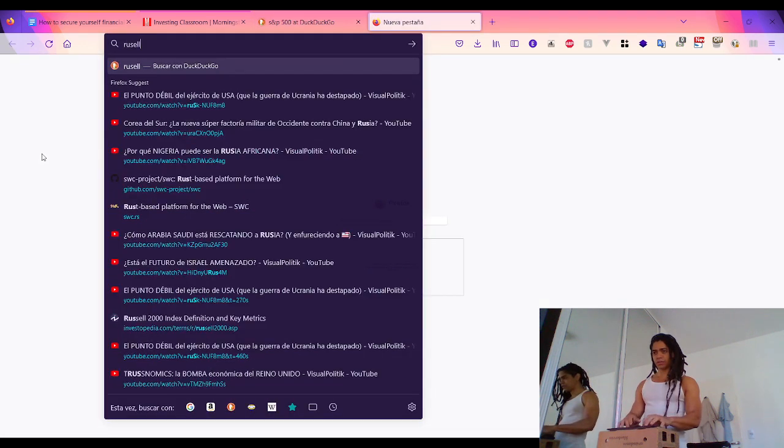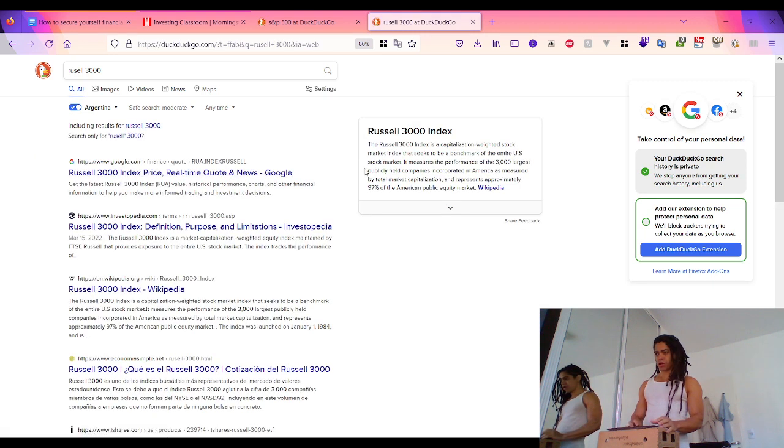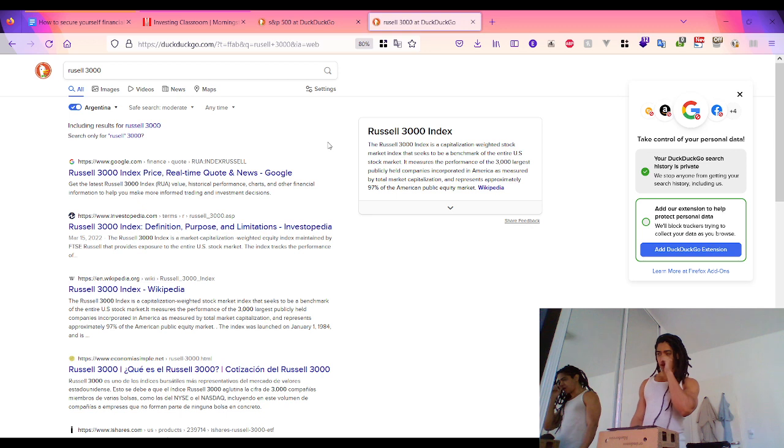The Russell 3000 index measures the performance of the 3,000 largest publicly held companies.